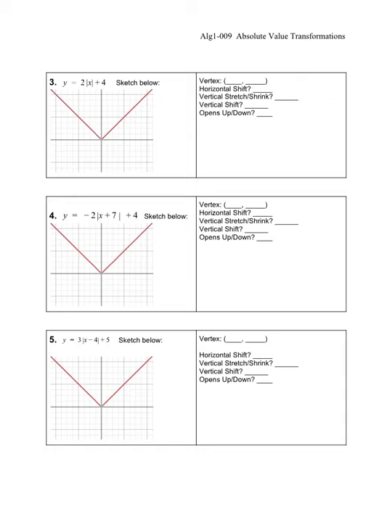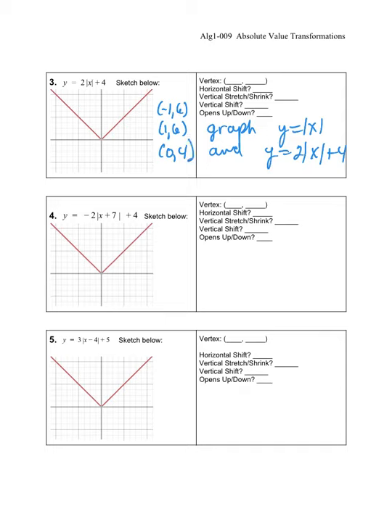Number 3. All right, so same thing. Leave the parent graph as a guide and graph y equals the absolute value of x plus 4. So I grabbed a couple of points, which I'm going to write right here.